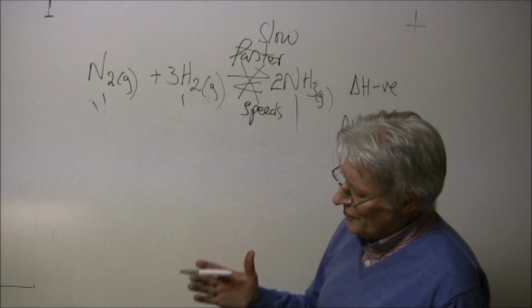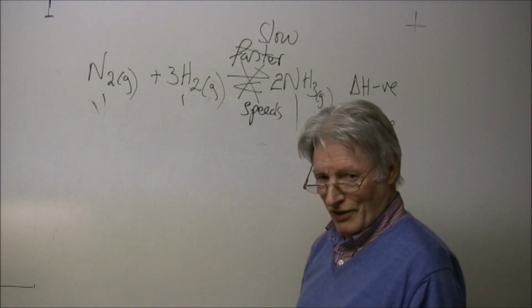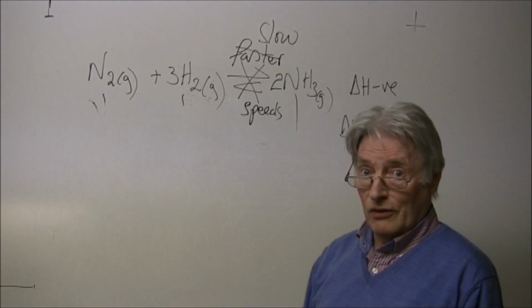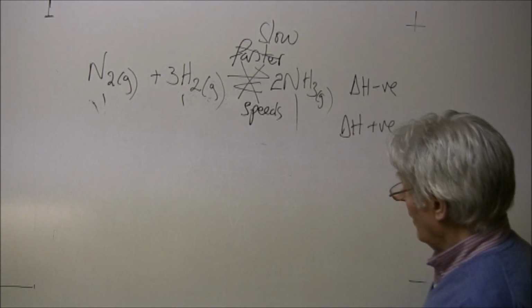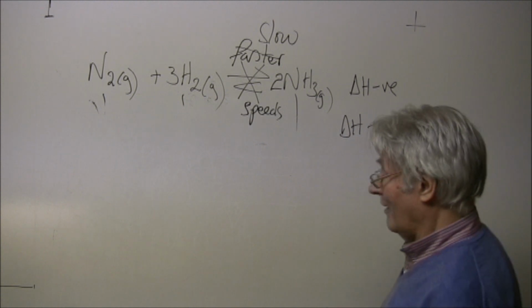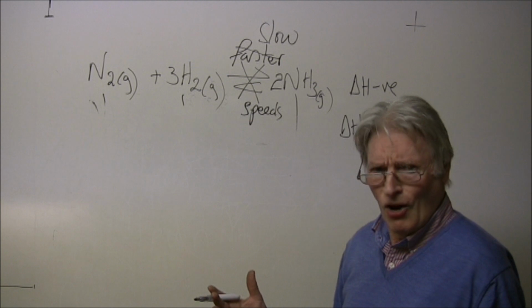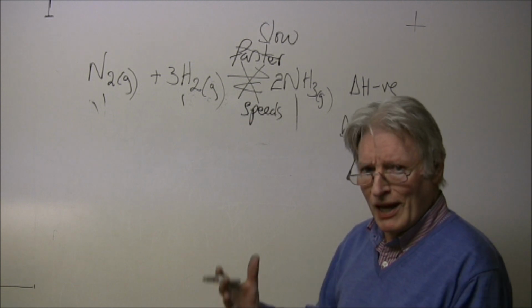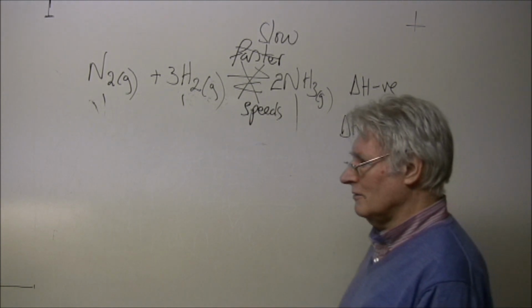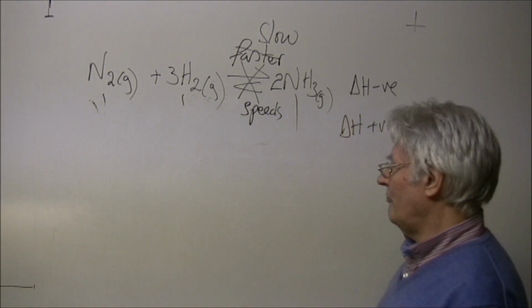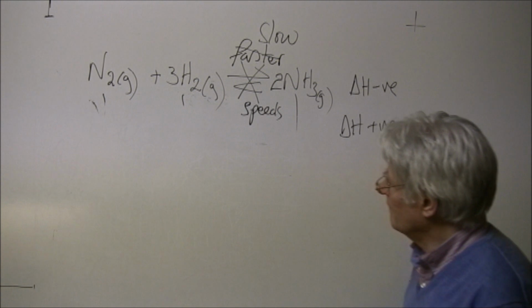If we lower the temperature too much, it will slow the rate of reaction down. In fact, lowering the temperature will slow all reactions down. It will give us a good yield of ammonia, but it will take a long time to get that yield. So to get a reasonable amount of ammonia in a reasonable amount of time, we have a moderate temperature of about 400 degrees centigrade.